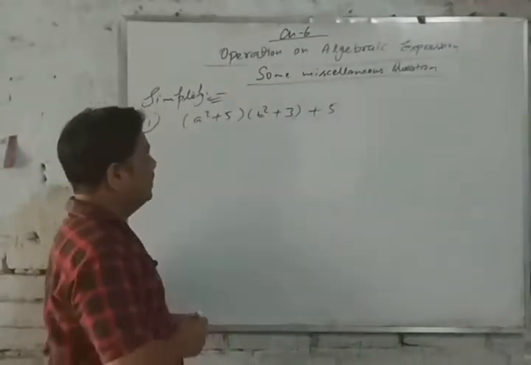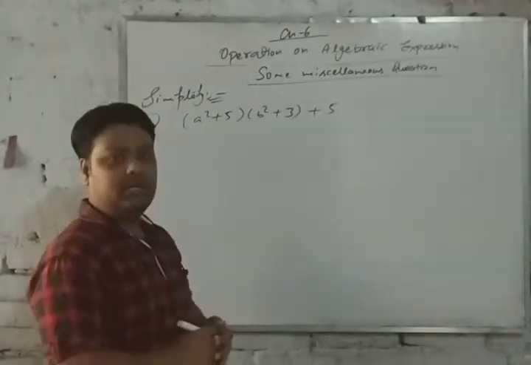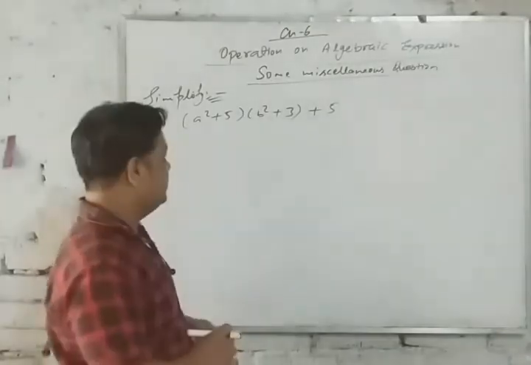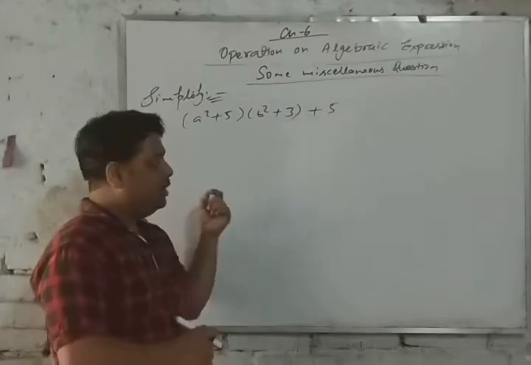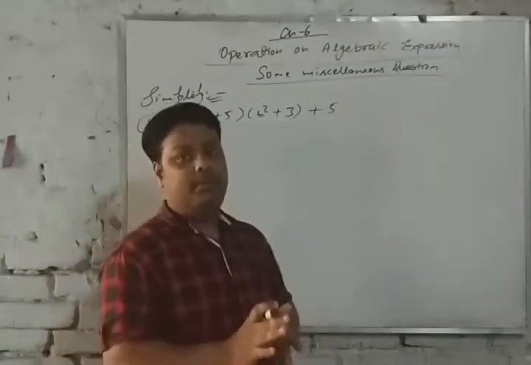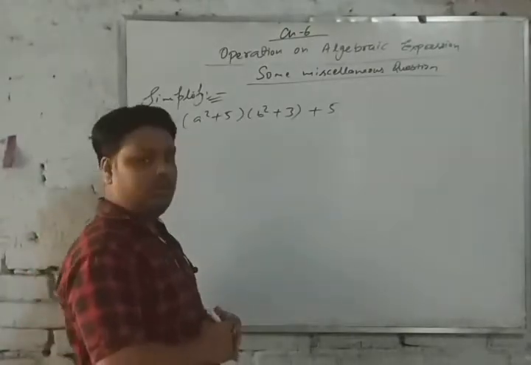Now at first we will see whether these binomials are based on an identity or not. Here a square and b square, no matching; 5 and 3, no matching. So we will solve it by distributive law.